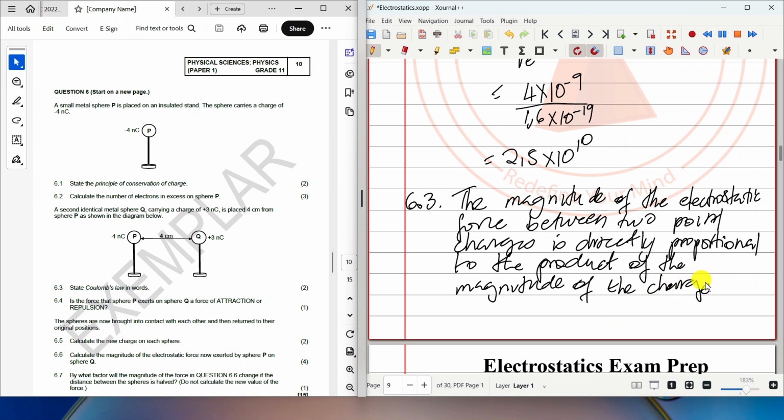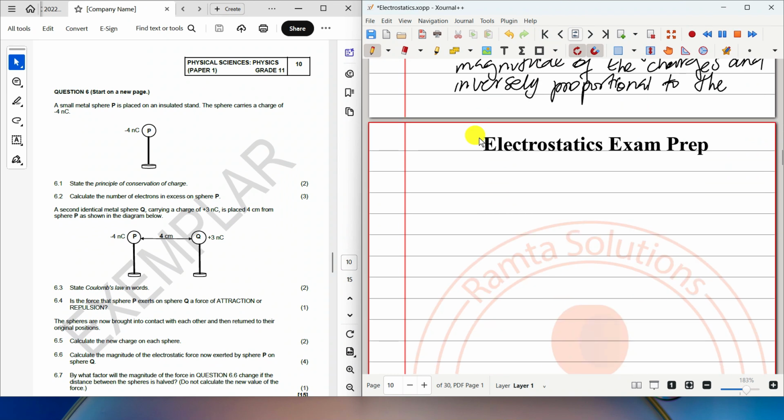Of the two charges, and inversely proportional to the square of the distance between them.